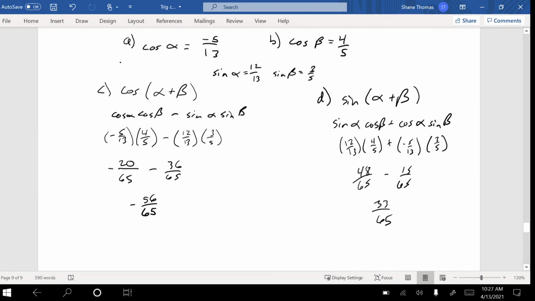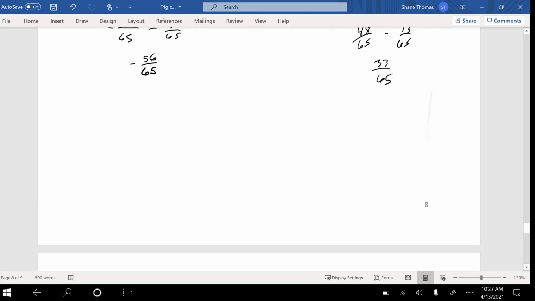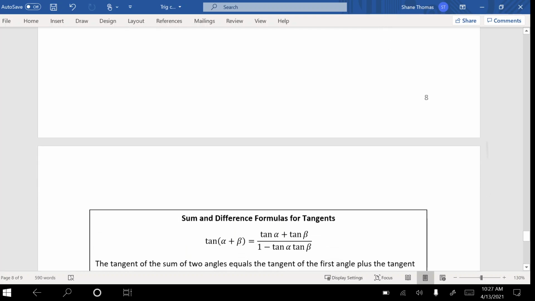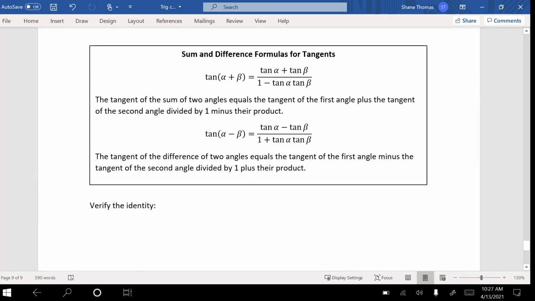This last thing we won't use as much. All right. So here we go. All right, some different formulas for tangent. So we did sine and cosine.